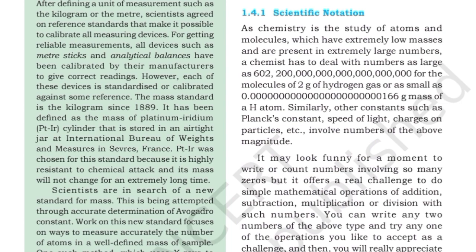Similarly, other constants such as Planck's constant, speed of light, charges of particles, etc. involve numbers of the above magnitude.